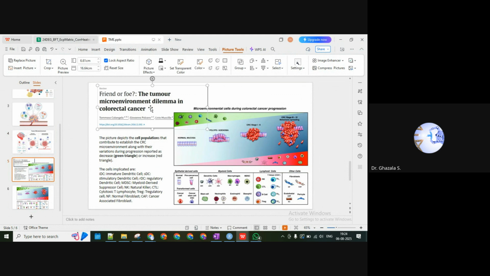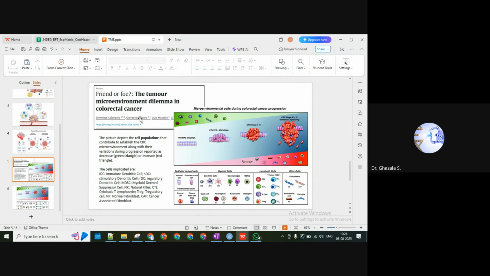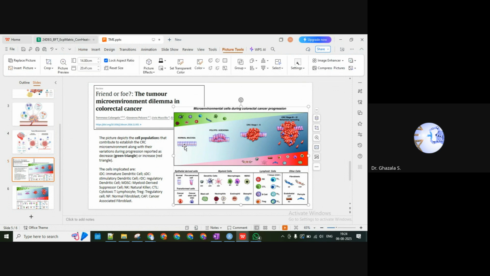Here we have one paper, Friend or Foe. I'm not sure if you have checked it or not. It is about the microenvironment in colorectal cancer, and they mention different types of cells and different stages of colorectal cancer, and how different cell types are involved in these stages.